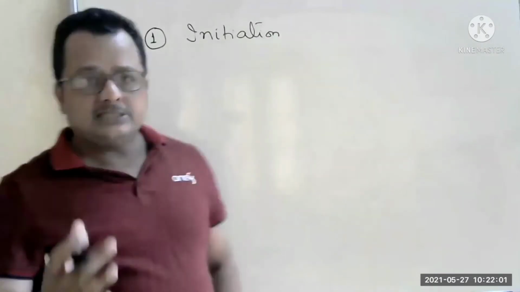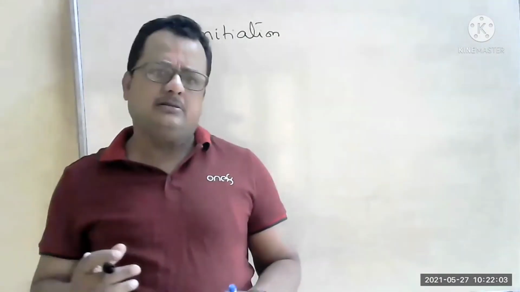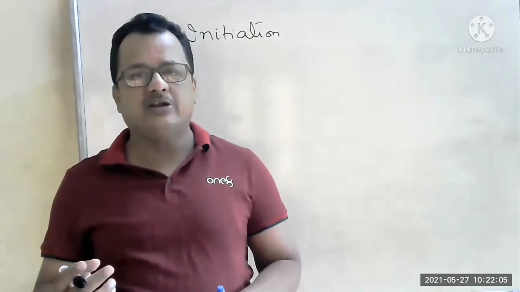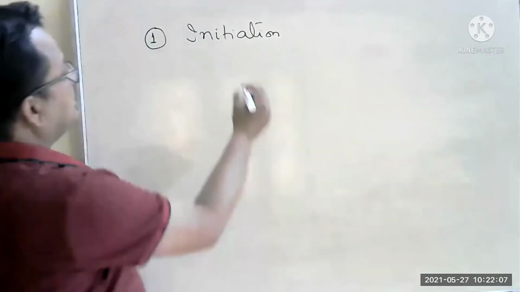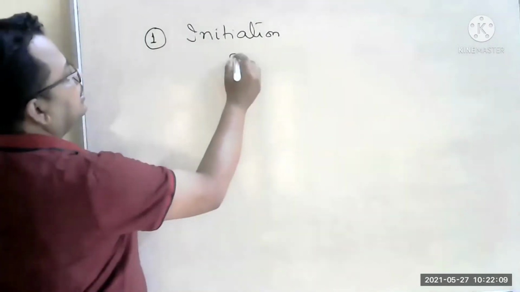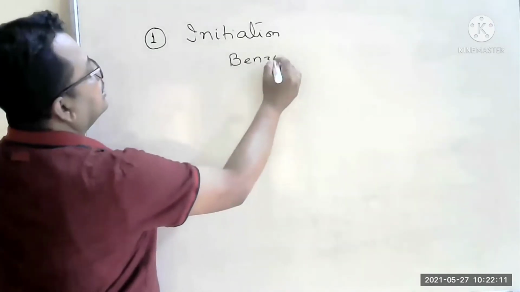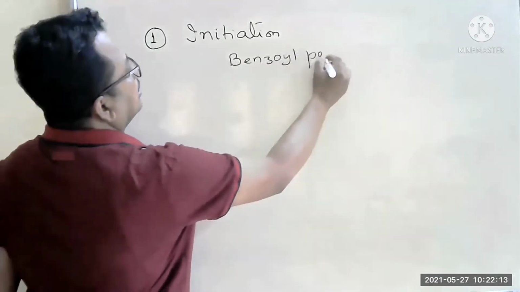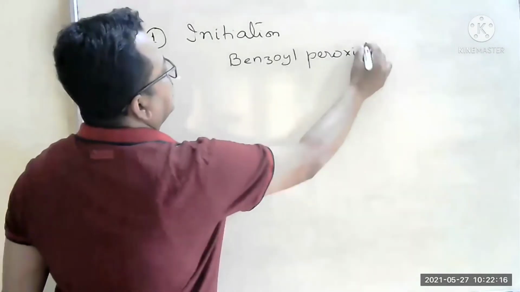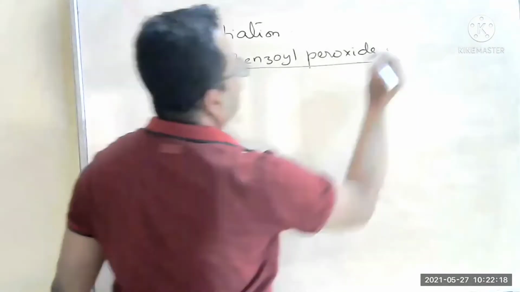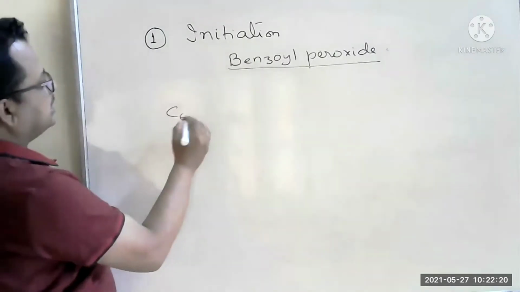In this step, free radical is generated through a free radical initiator, and these free radical initiators may be what? It may be benzoyl peroxide, C6H5.